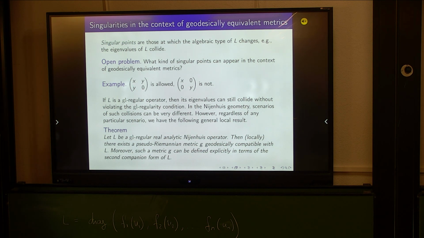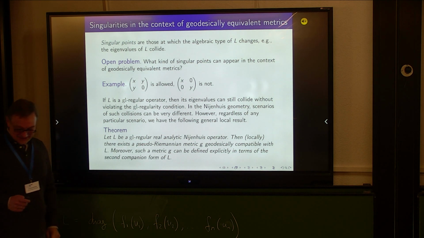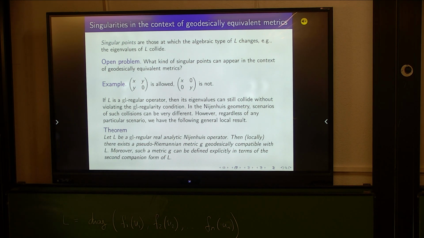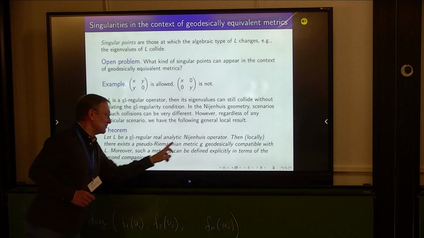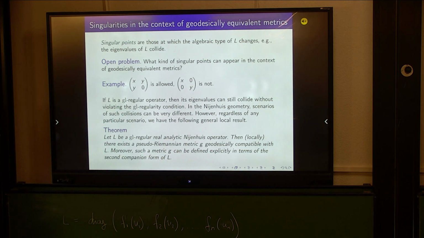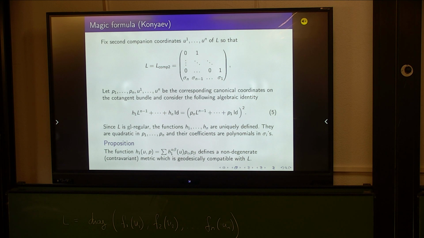However, I need to say that signature is important. If you want this metric to be positive definite, this is another interesting story. What kind of singularities may appear in the case of positive signature is slightly different, but it was also done completely by Vladimir Matveev.